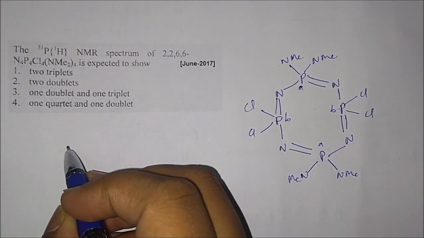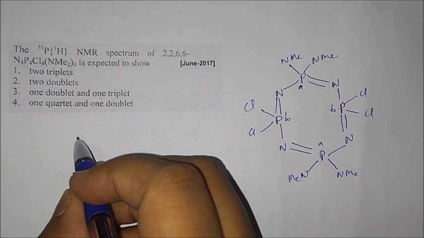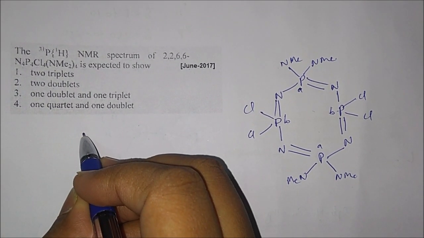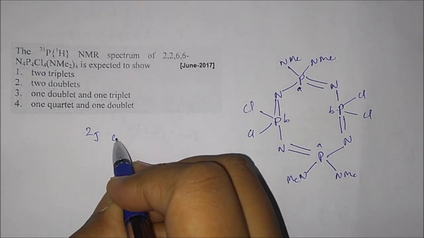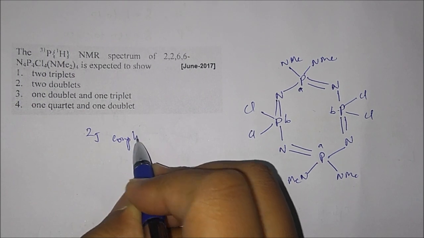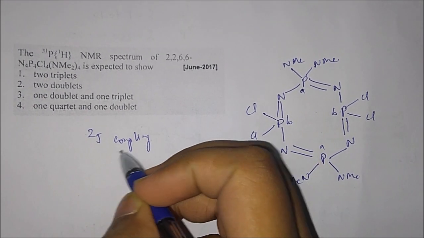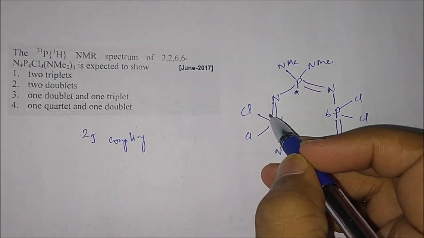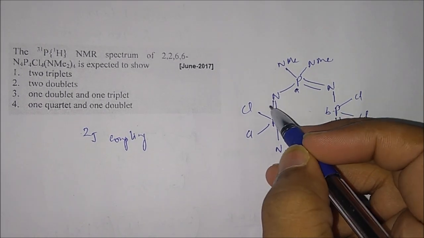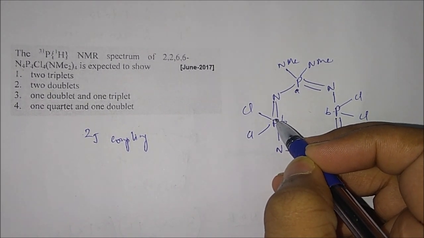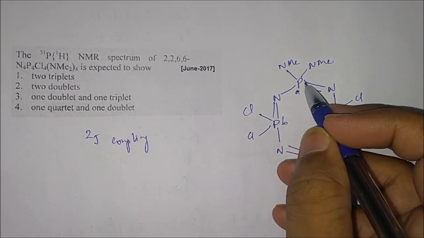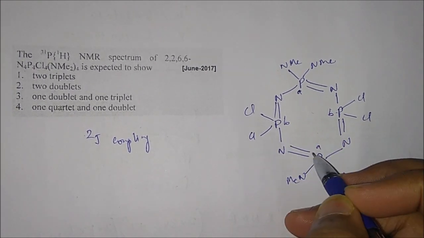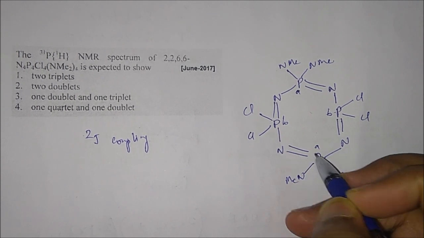Now let's talk about the splitting. As I already told you, the splitting can occur because of 2J coupling, what I was talking about earlier in the previous example, the coupling caused because of a 2 bond gap. So this phosphorus can couple with this phosphorus, because it is present at a 2 bond gap, and this phosphorus also, because it is also present at a 2 bond gap.